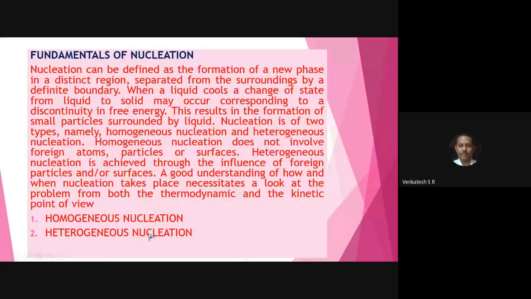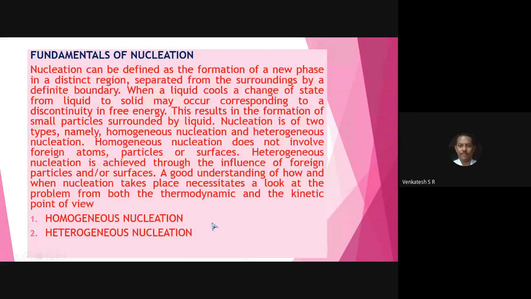For iron alloy, a good example is cast iron, iron with carbon. For aluminum alloy, aluminum with silica, and copper alloy, copper with zinc, lead and tin. In those alloys, we observe heterogeneous nucleation. We observe homogeneous nucleation in pure metal.